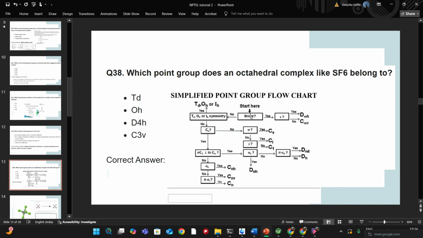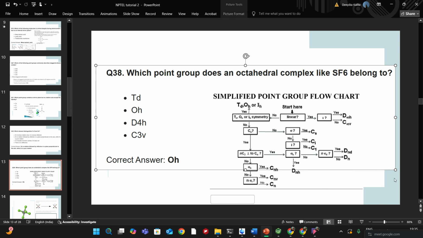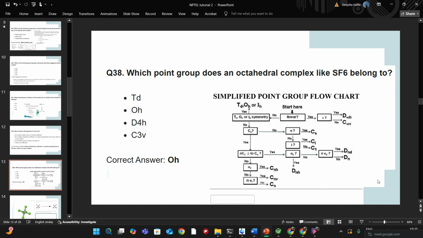No. Hence, we will have to move in this direction. So, does it belong to the classes tetrahedral, octahedral or icosahedral? Yes, it does. So, if it is an octahedral molecule, then its assigned point group will be the Oh point group. Similarly, the tetrahedral geometric compounds are assigned the Td point group.